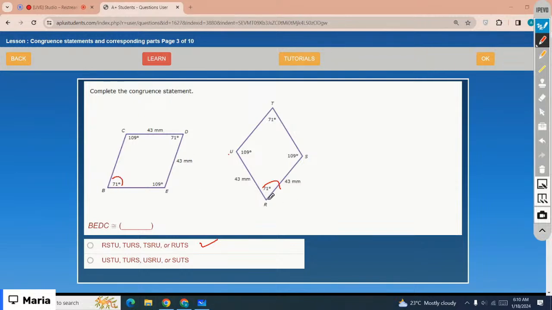Angle B corresponds to angle R. Angle E corresponds to angle S. Angle D corresponds to angle T. And angle C corresponds to angle U. So that is RSTU. So option number 1 is the correct option.